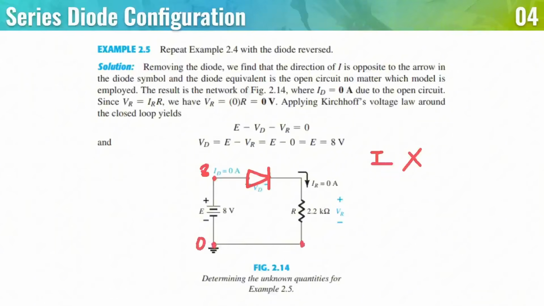This is going to be 0, and at this point, it's also going to be 0. However, look across the diode. We have the voltage supply of 8 volts, or E, minus the node voltage on the other side, 0. So that is why the voltage across the diode is still 8 volts.